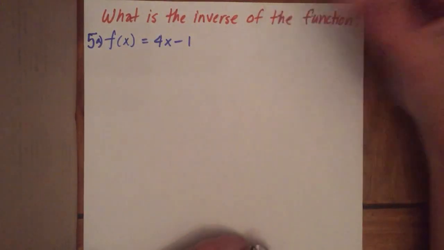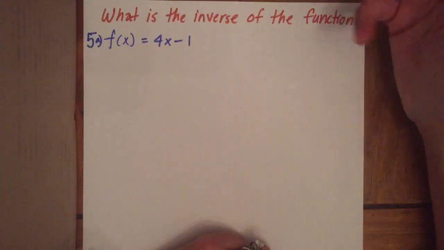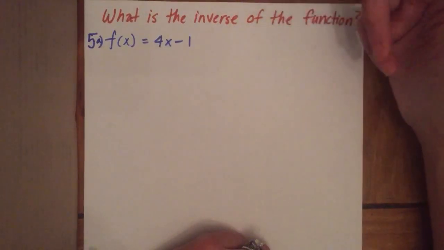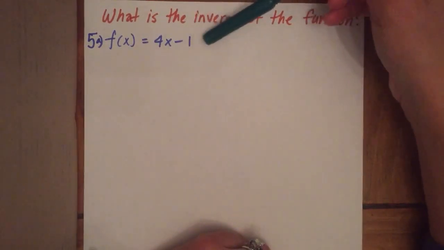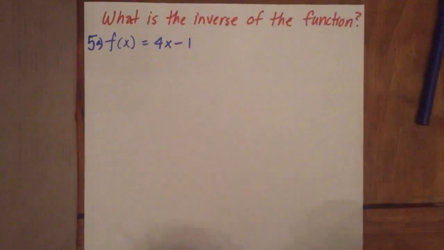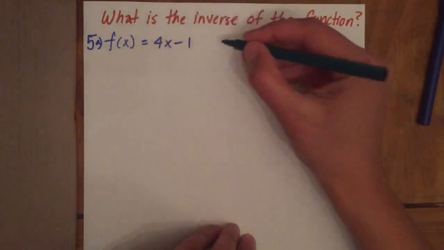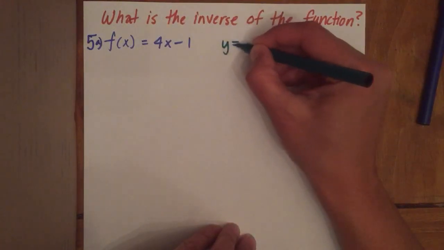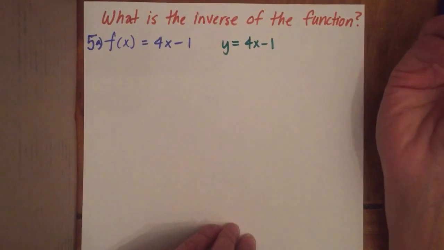What an inverse function is, like we talked about before, is when the domain and range switch. So the x and y essentially switch places. When we're given a function and we're asked to find its inverse, that's exactly what we're going to do: switch the x and the y. f of x, as you all know, can be written as y. f of x is the same thing as y.